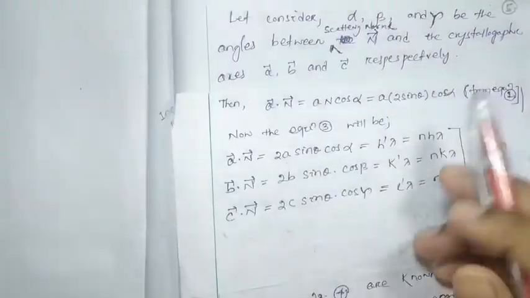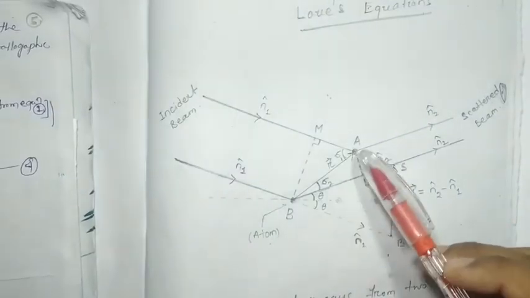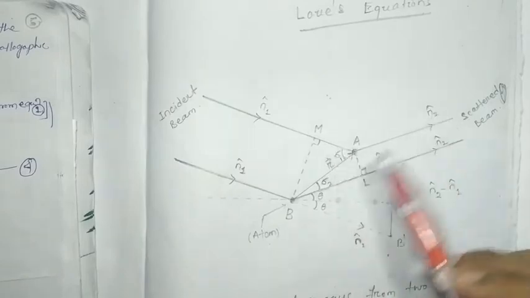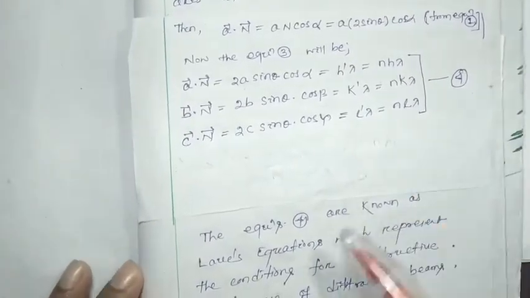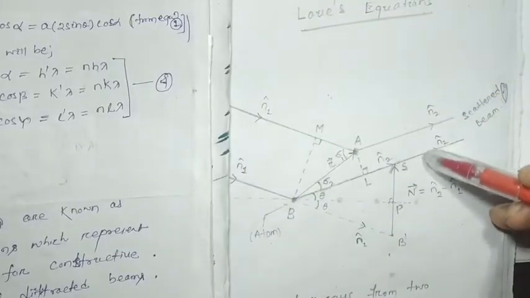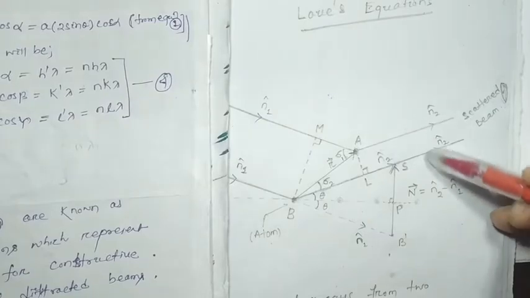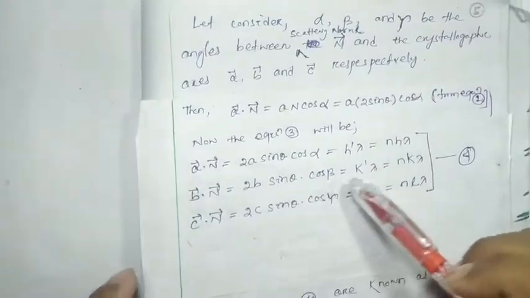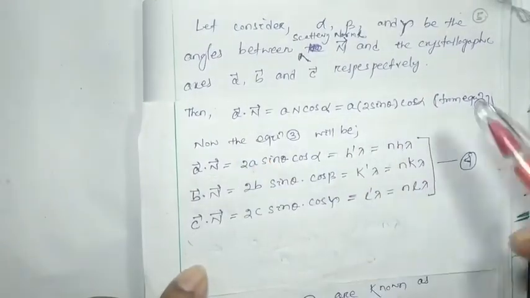But in the case of Laue, he considered that the individual atom scatters, and the corresponding condition for constructive interference of these two rays is that they have to follow these equations.